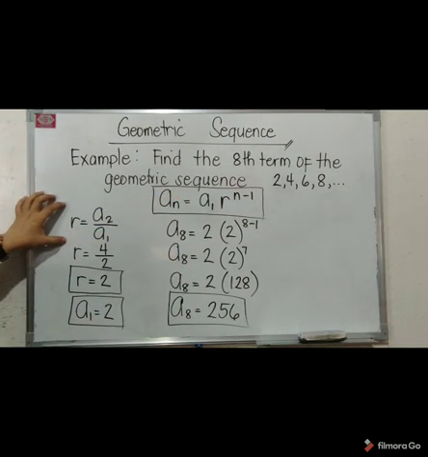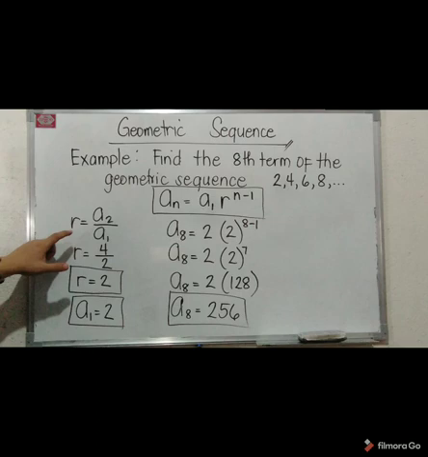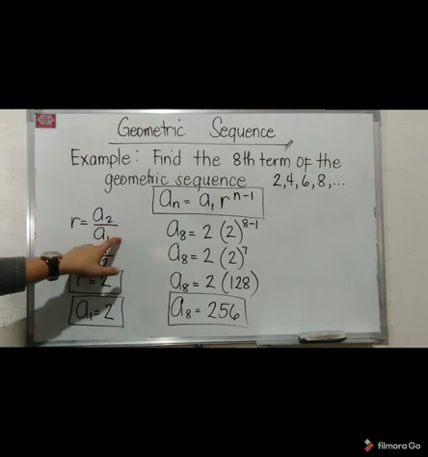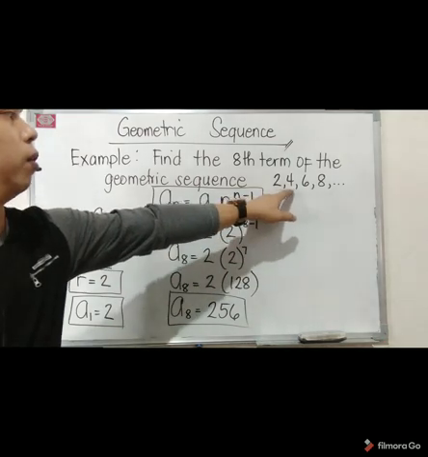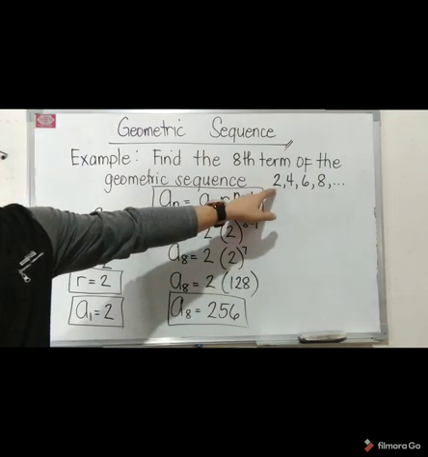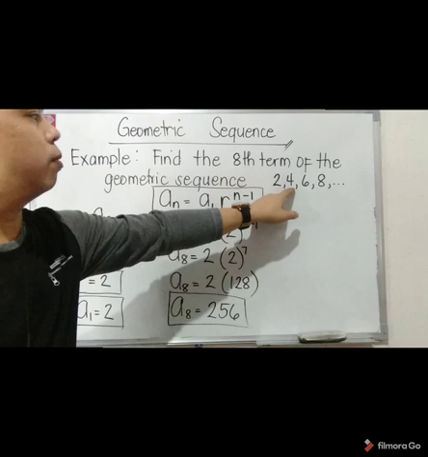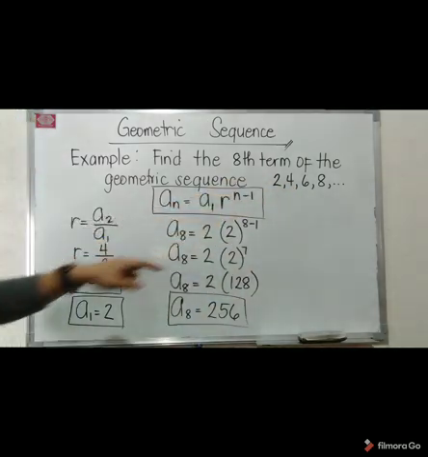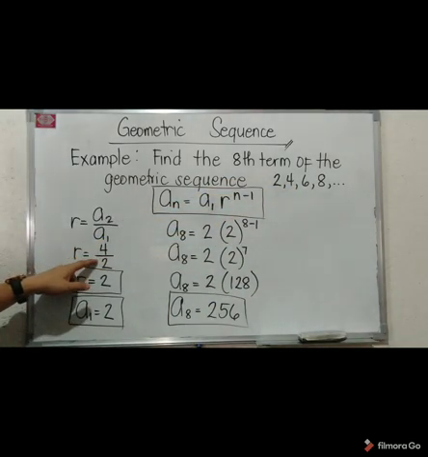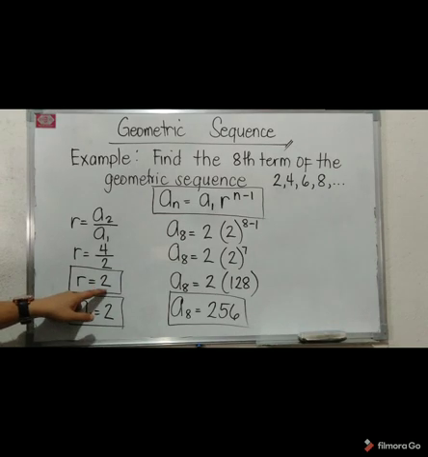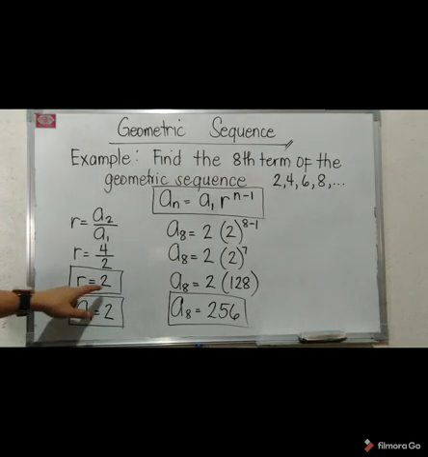So kukumpute muna natin yung ating ratio. So r is equal to a sub 2 divided by a sub 1. A sub 2 natin sa given ay 4. A sub 1 ay 2. So therefore, that is 4 divided by 2. And 4 divided by 2 is equal to 2.